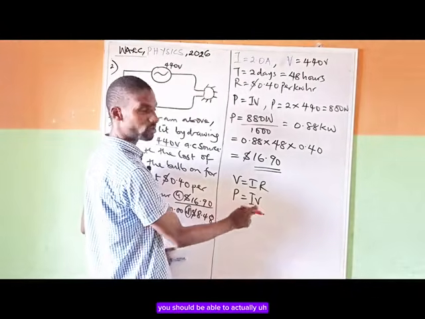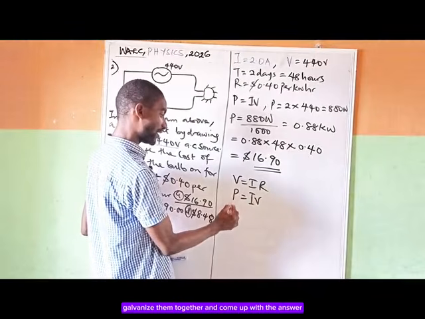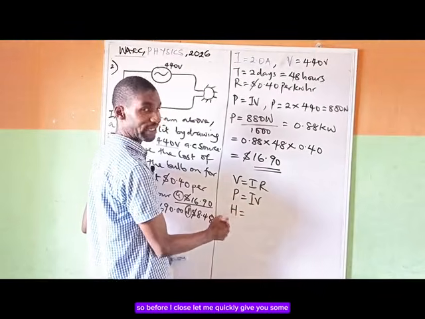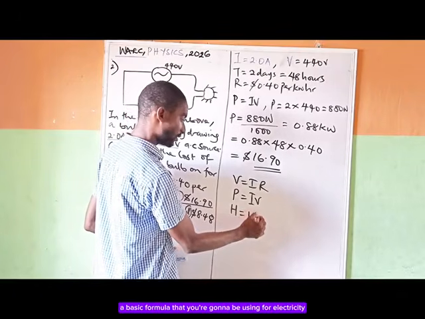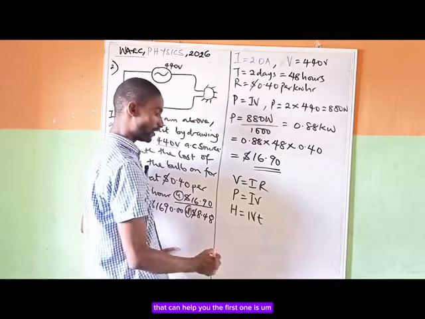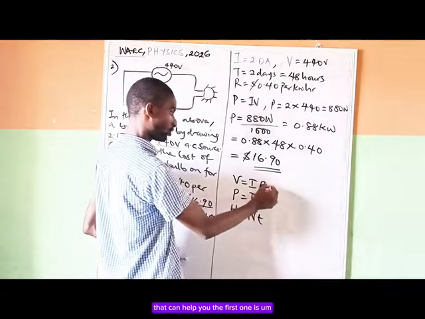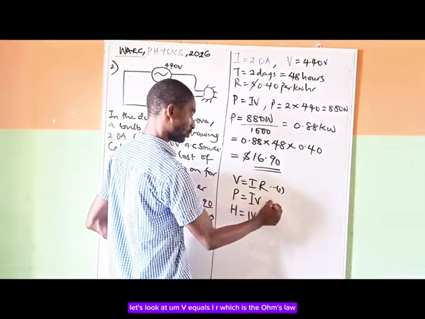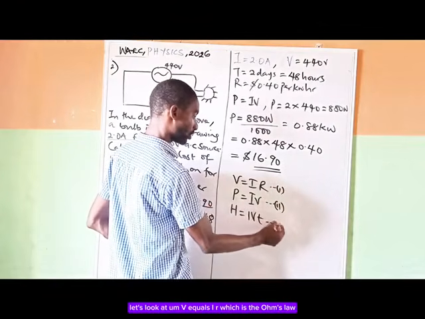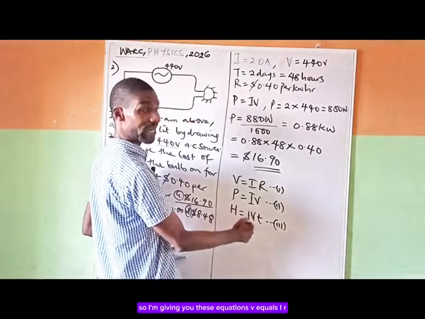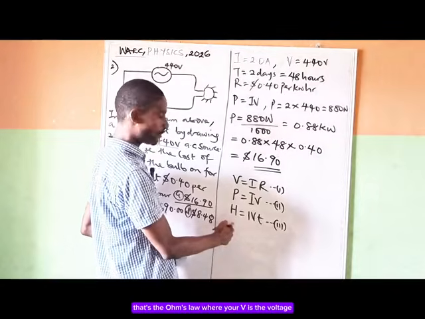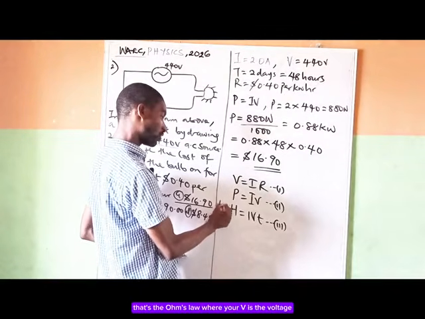Now, if P equals IV, then you have H, its energy, equals IVT. H equals IVT. All right? Equation 1, equation 2, equation 3. So if H is IVT, that's its energy, which is the same thing as work done.